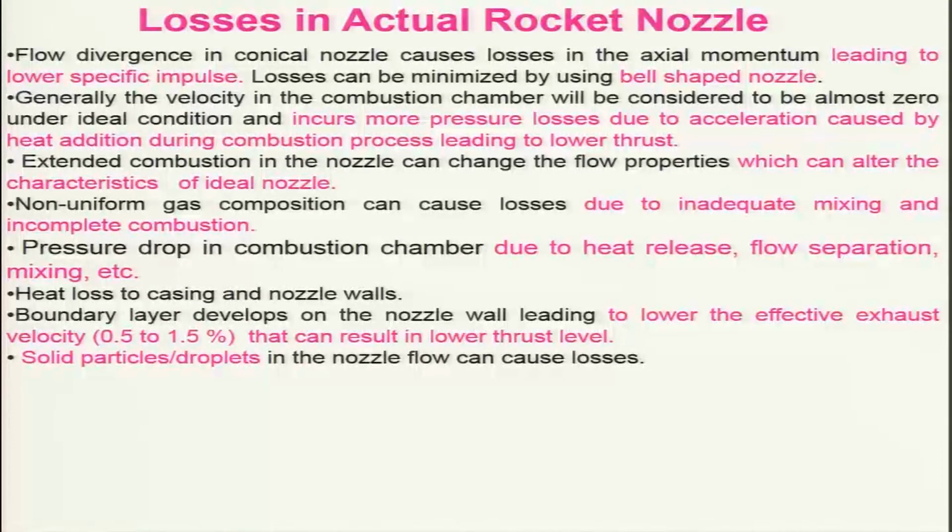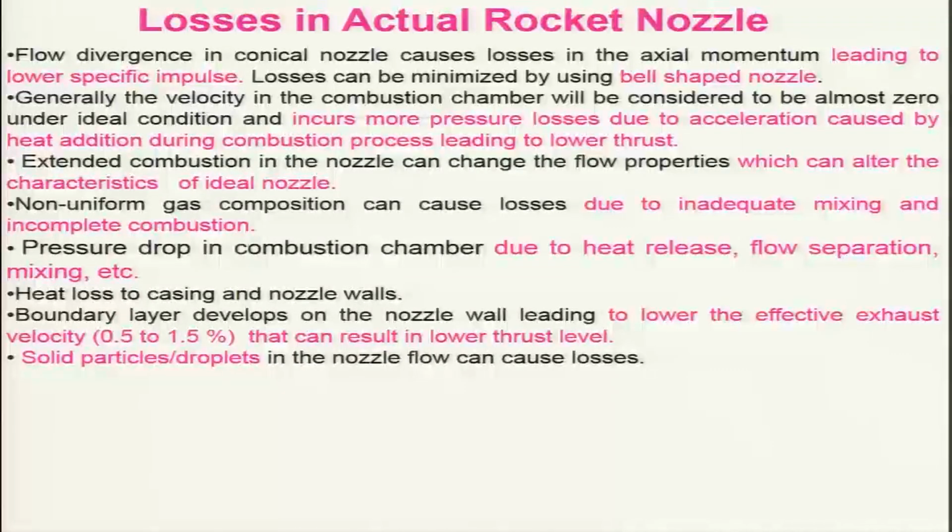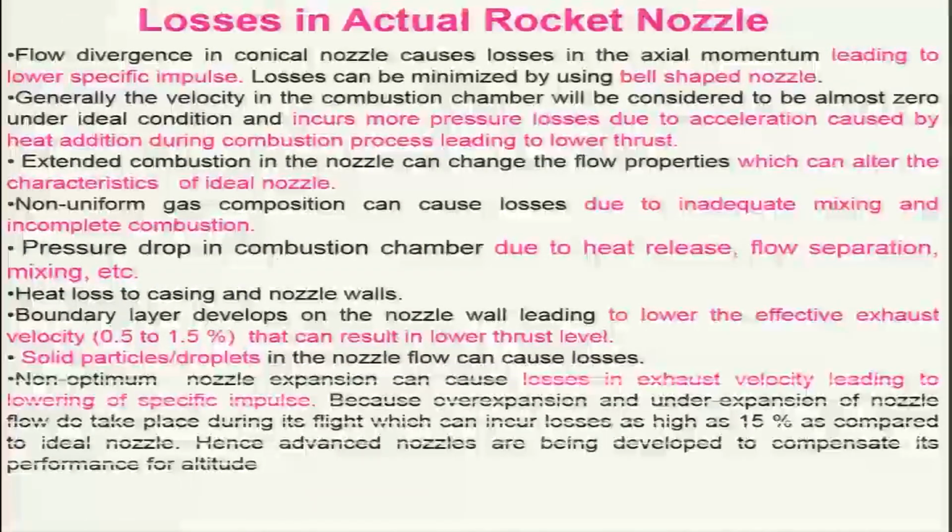Besides this, we have assumed that only gases are present in the rocket nozzle, however there might be solid particles and droplets flowing along with the gases in the nozzle, and that can cause losses in the actual rocket nozzle.